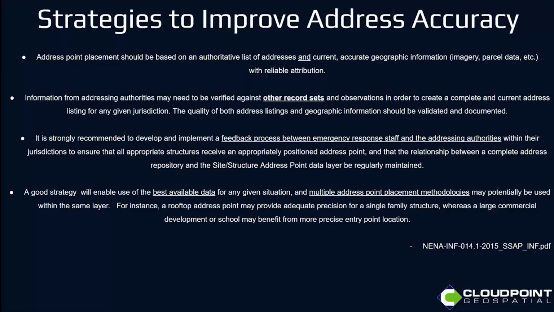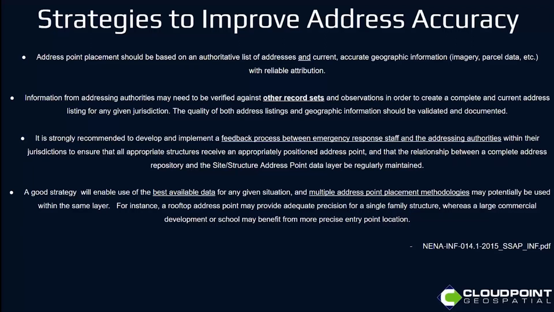It's also strongly recommended that you have some sort of feedback mechanism built in, or start discussing a process where you can get feedback from your emergency response staff and the addressing authorities on problem areas or areas that they identify as being in need of more accurate addressing.